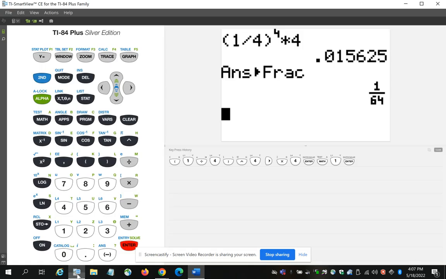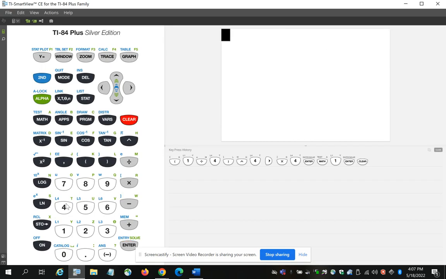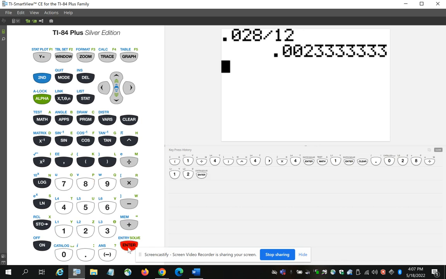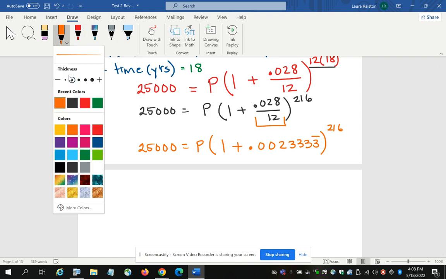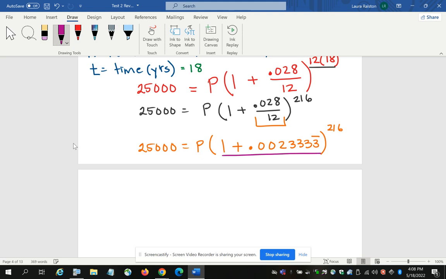So again, I'm going to show you this on my calculator. Okay, so we would do 0.028 divided by 12. Okay, then still working inside the parentheses, I need to add these two values together. So I have 25,000 equals P times 1.0023 with the 3 repeating, raised to the 216th power.